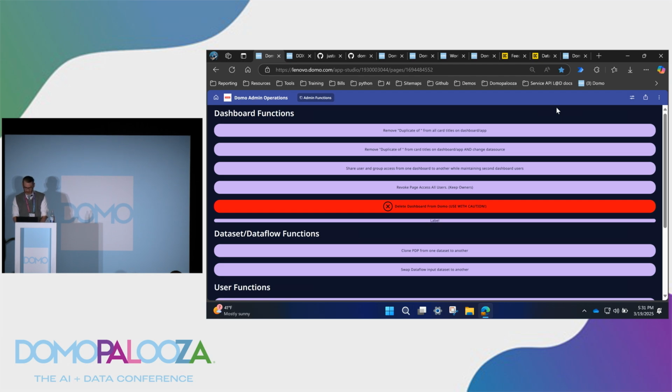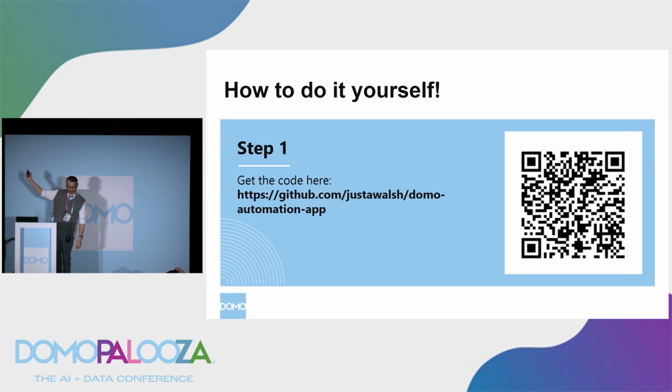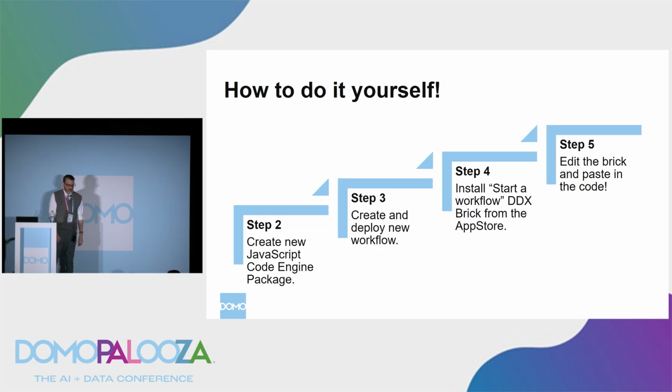So I'm going to go to my next slide. Perfect. So again, if you don't have the link, you can definitely go ahead, take another picture of it, grab the link. Just to reiterate, step 1, create a new JavaScript CodeEngine package, unless you enjoy Python and you want to adjust it, feel free.